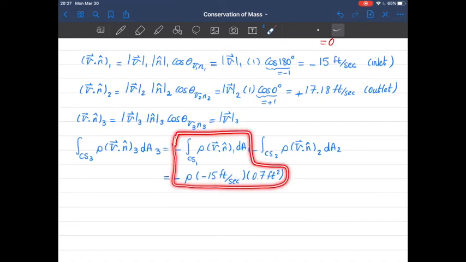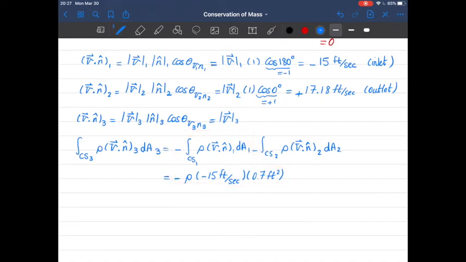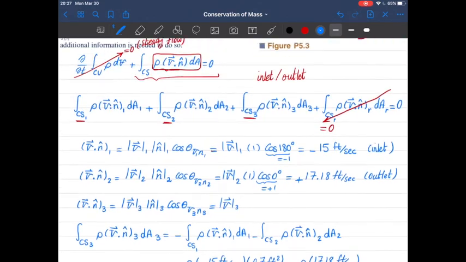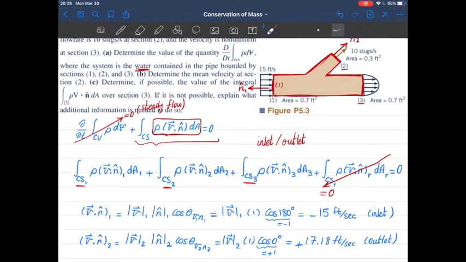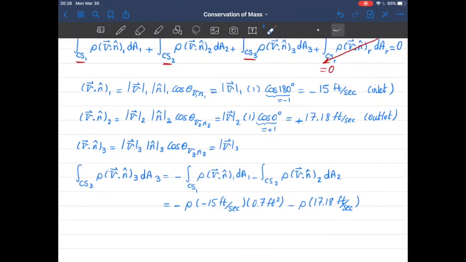Then for the second term we have a negative sign here, so minus rho v dot n at section 2, which we found here as positive 17.18 feet per second, and the area at section 2 here is given as 0.3 square feet.